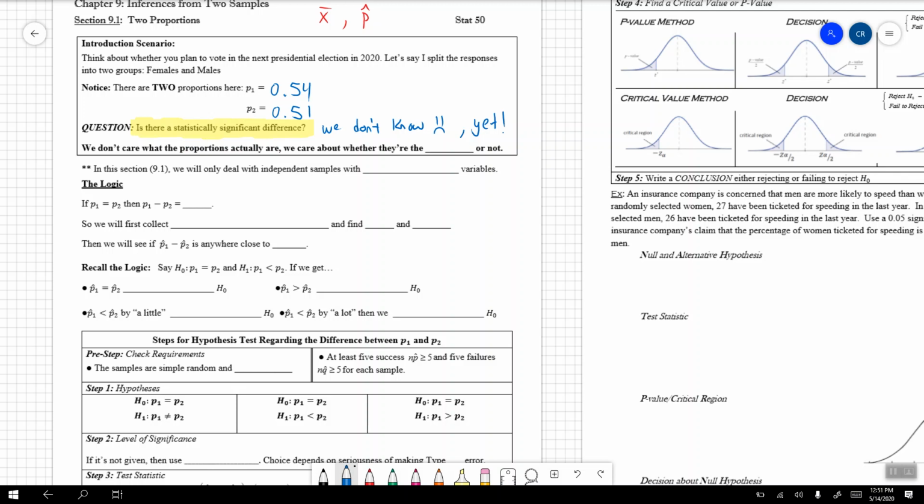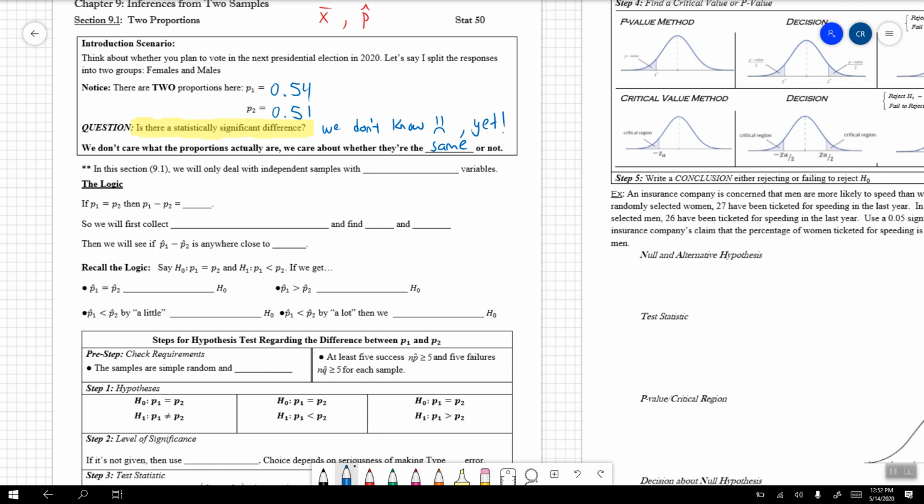Now, what we really care about is not that the proportions are the same. So we don't actually care about the proportions here. We only care about one thing, and that one thing is whether they are the same or not. All right, so that's going to be a big case that we're going to be looking at.